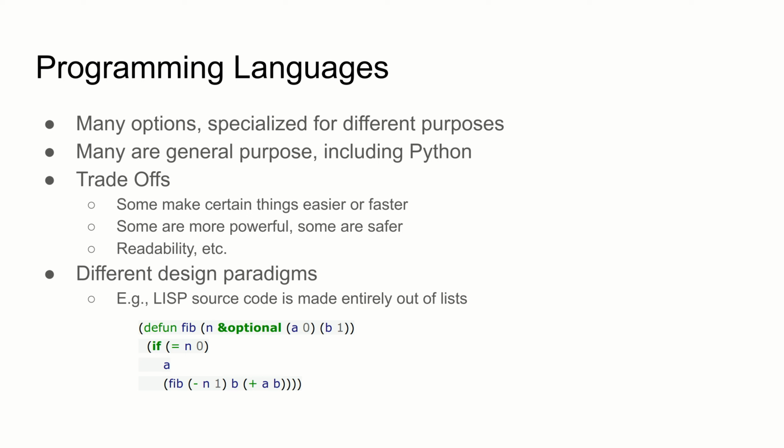There are some languages that are more powerful in the sense that you have a lot more options available for what you can do, versus some others that are a bit more restricted because they try to make sure that everything you do is safe.